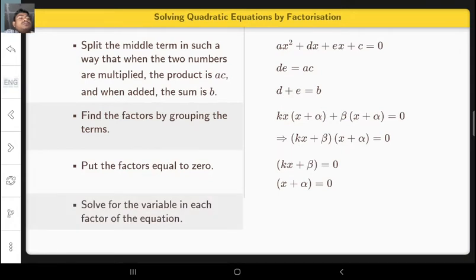Solve for the variable in each factor of the equation.